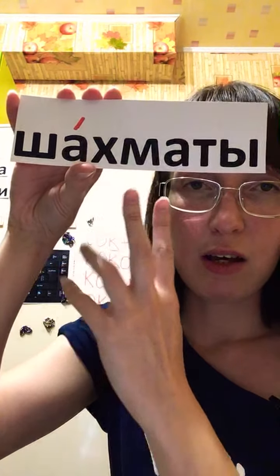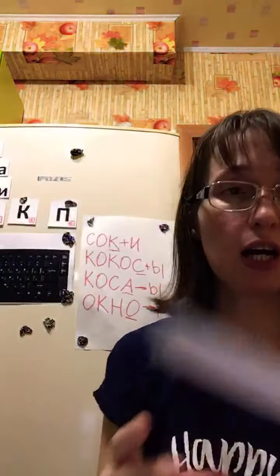So we put these words together, make a plural form, and we get шахматы. But not эта игра. Я играю в эту игру. Играю в эту игру много. Okay, шахматы. Good.